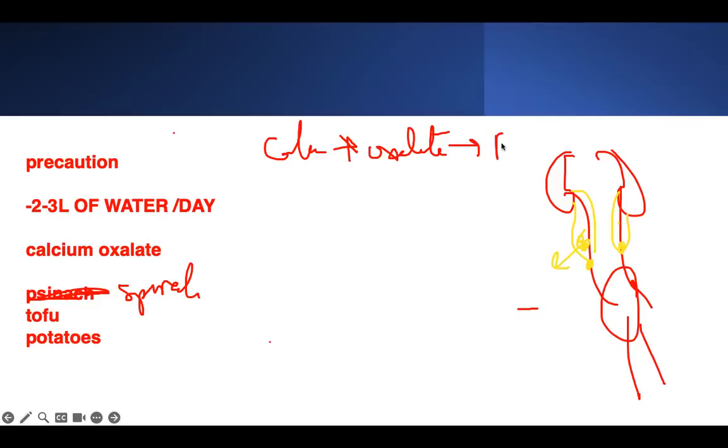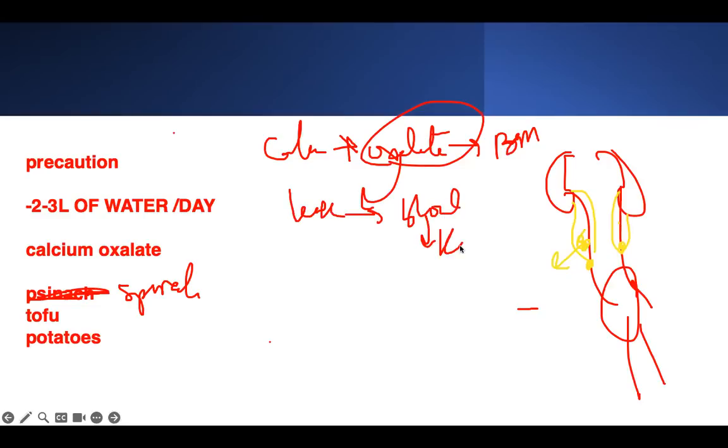And this one you poop out, okay, by movement. If there's too much oxalate, it leaks and gets into your blood and goes to the kidney and you form stone. So in order to prevent it, you have to teach the patient specifically.